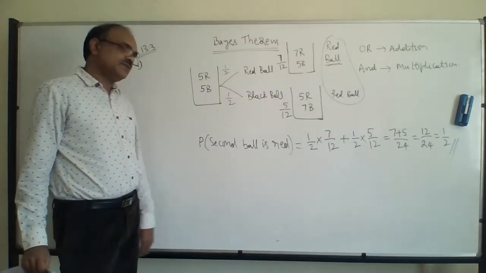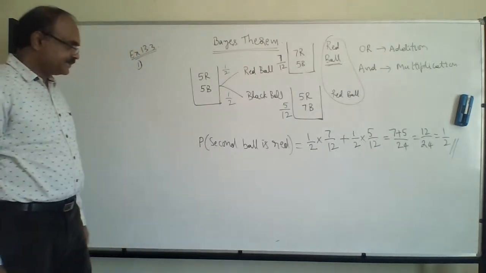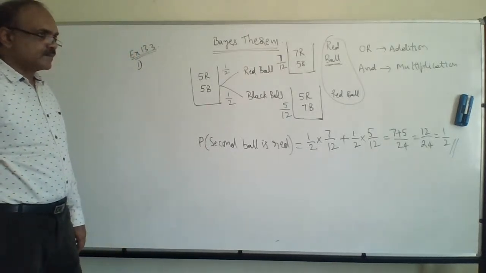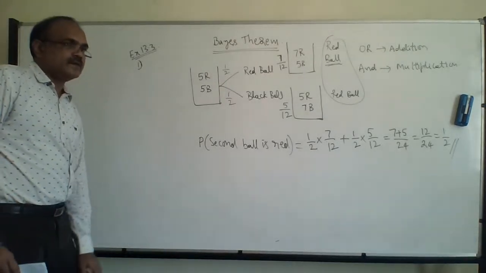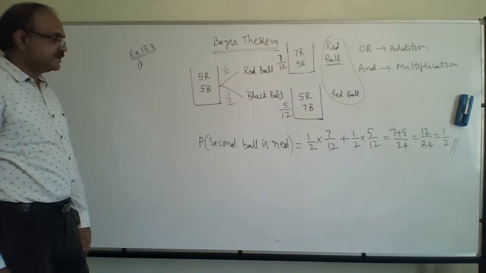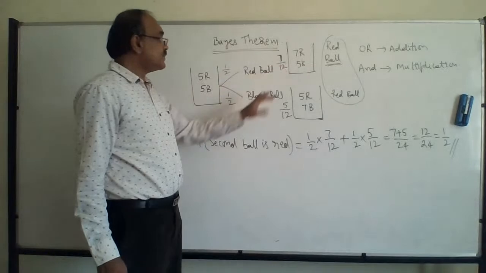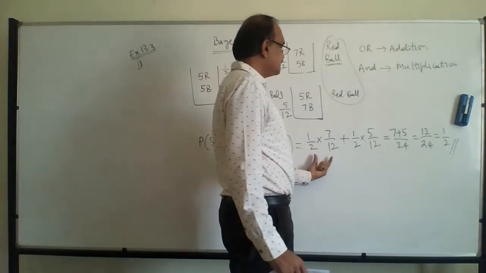Even in CET also, you can expect this kind of question. This is basically a total probability problem. So the intersection of these two things plus the intersection of these two things. Intersection is 'and'.